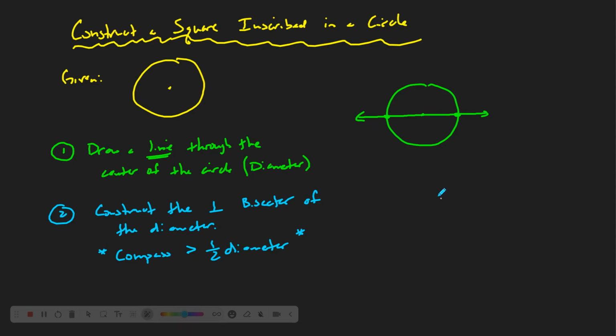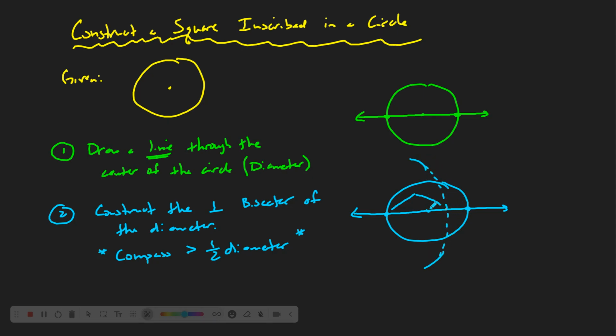So I'm going to do it right here. So again, what we had was a circle at the center. We drew a line to create a diameter. So now I'm going to take my compass and open it so it's bigger than halfway across. So there it is. And remember, I'm going to draw arcs above and below. You can do a big arc if you want to.